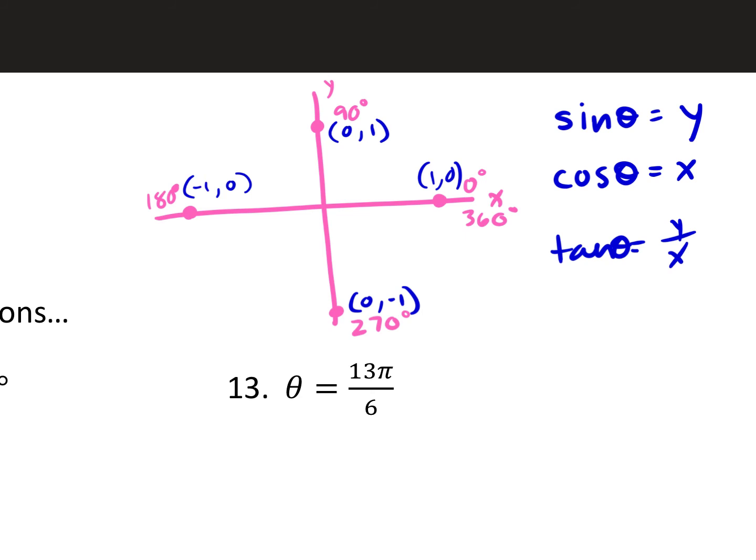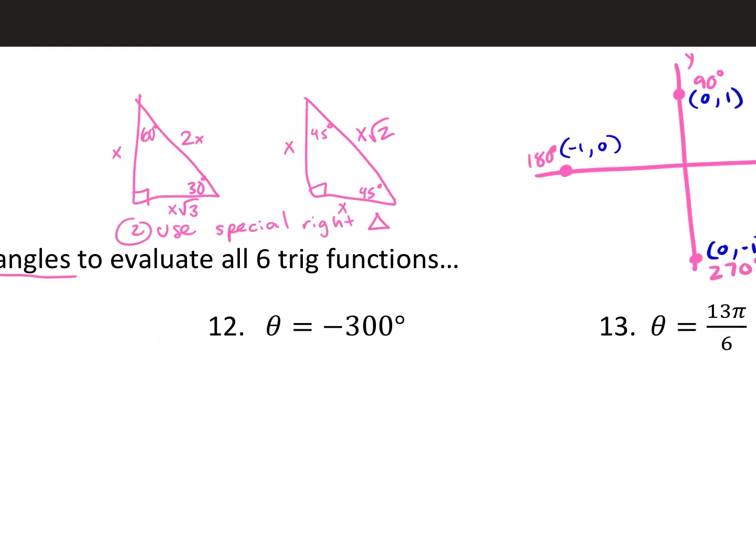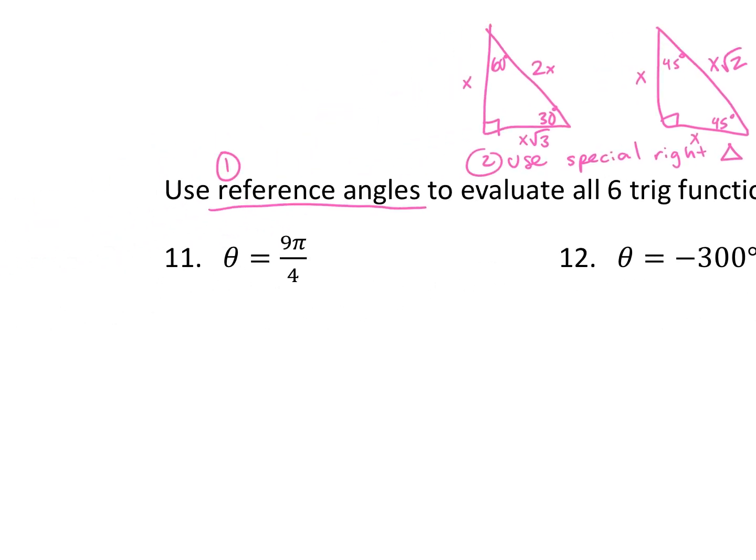So if I asked you for the sine of 90, what would that be? 1. Because the y coordinate would be 1. So this you have to know, because it's either going to be one of your special right triangles, or it'll be on one of the axes here. So it'll either be 0, 90, 180, 270, something like that. You gotta know this. So let's look at 11.